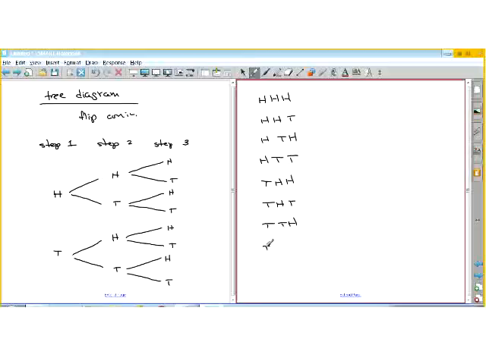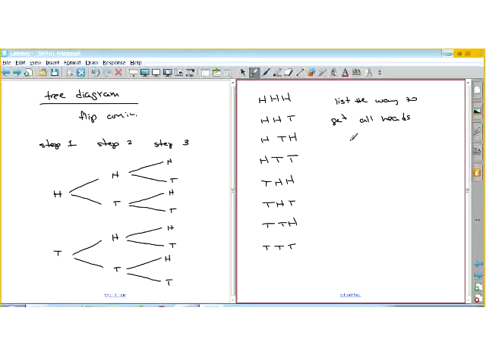And tails, tails, tails. So those are, again, we're specifying exactly what all the different arrangements are. And then I could ask you questions about, list the ways to get all heads.